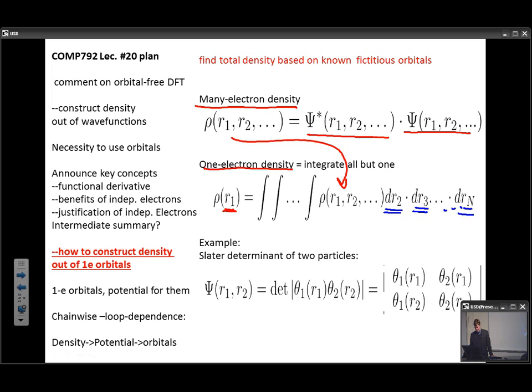Integrate over R2, R3, and all independent variables, right? Does it look easy for practical implementation? Probably not. We want to do anything possible to avoid playing with the actual multi-electron object.